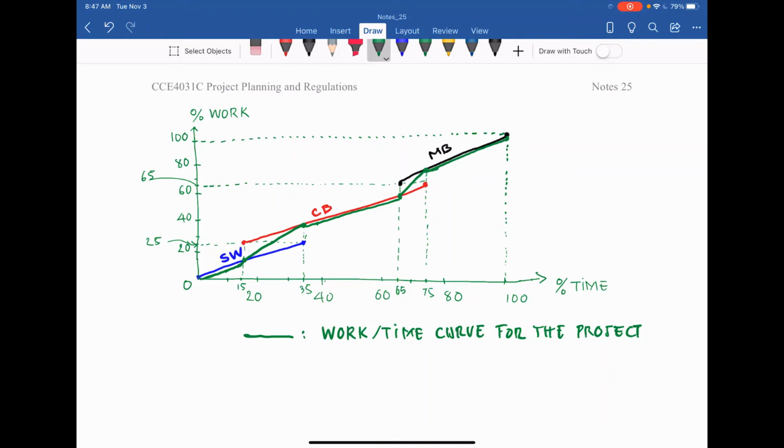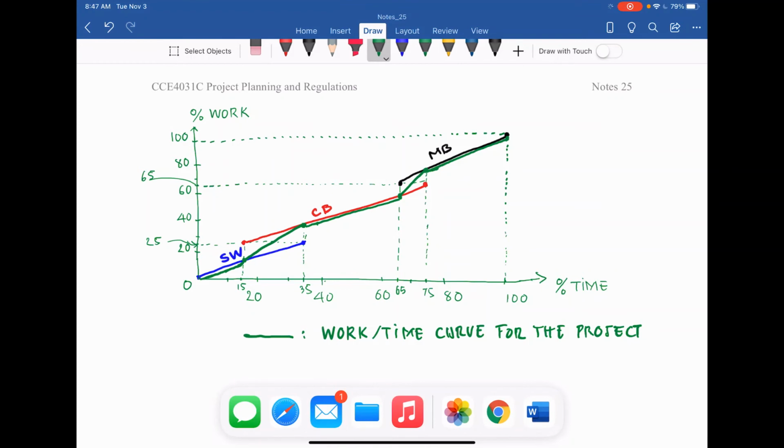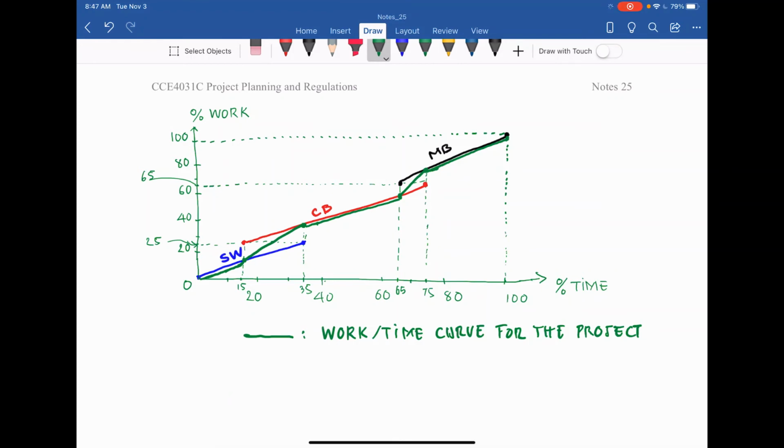With that, in the PowerPoint you can find that I have the animation to show how to draw this curve.